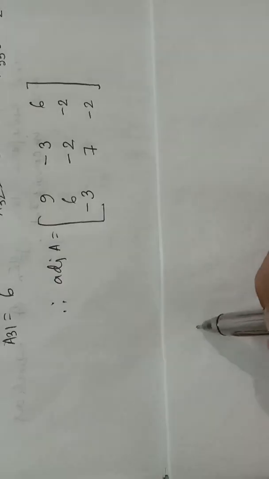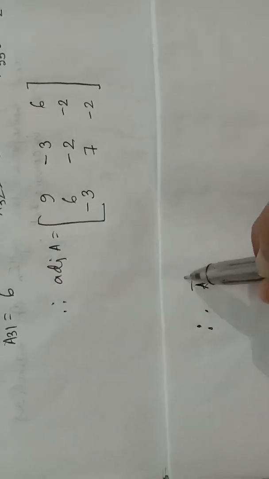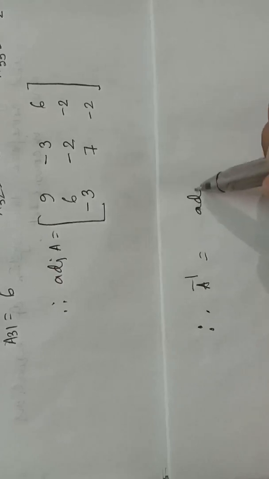And therefore A inverse is equal to, the formula is adjoint of A by det A. This is our adjoint of A: 9, minus 3, 6; 6, minus 2, minus 2; minus 3, 7, minus 2. And what is det A?